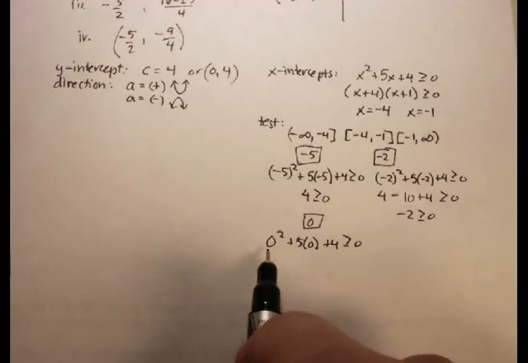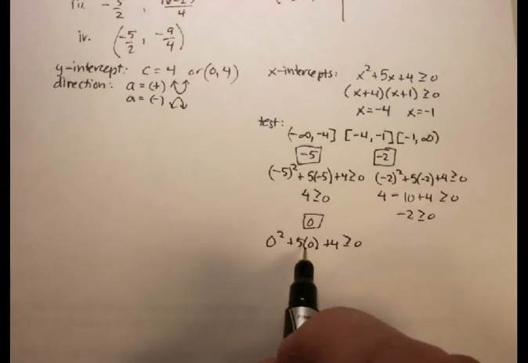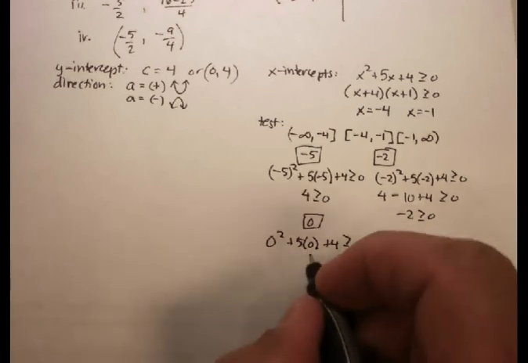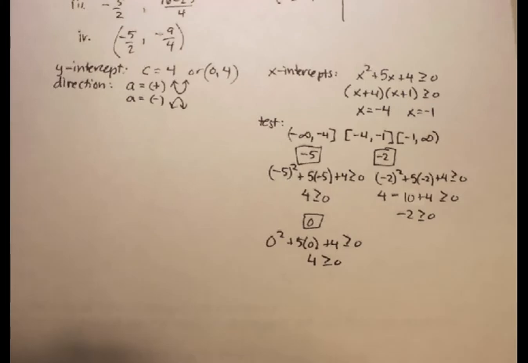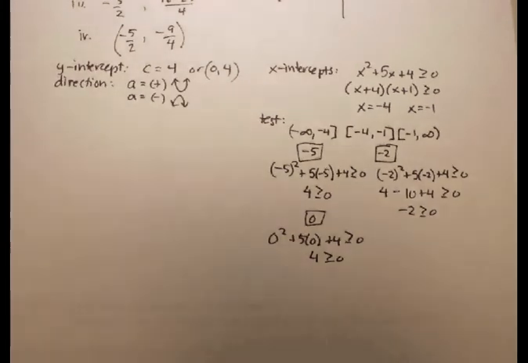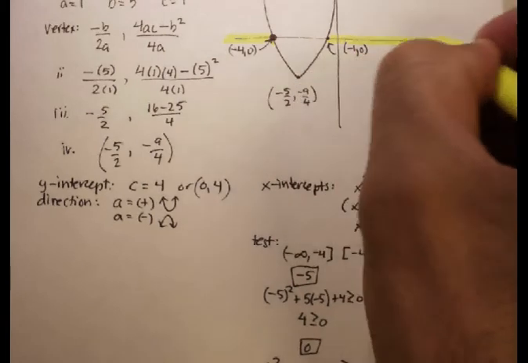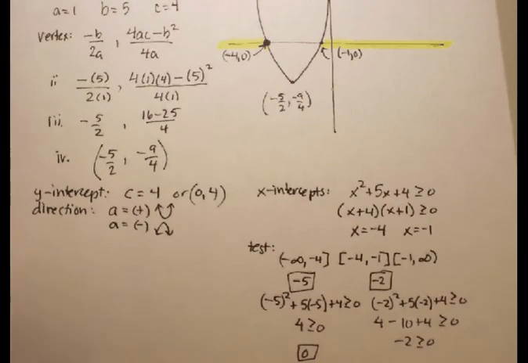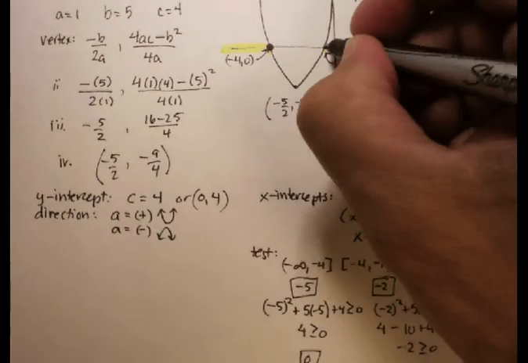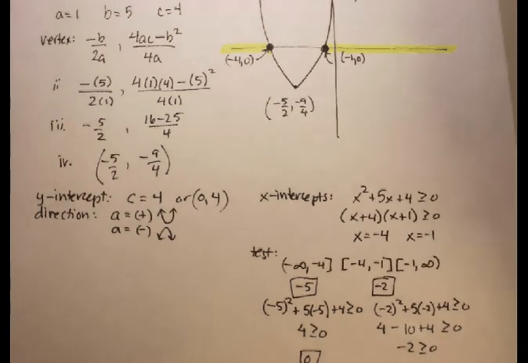So I'm going to get 5 times 0, which is 0, plus 4. So again, I get 4 is greater than or equal to 0. And again, that is a true statement. So now I'm going to go back up to my graph and shade everything in that positive direction. And again, blacken in my circle, because negative 1 will actually work there.